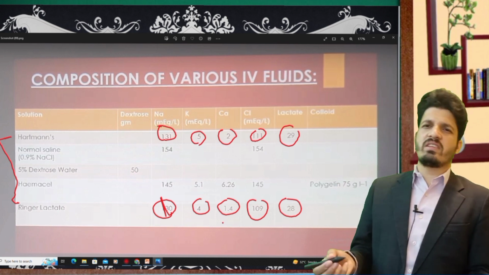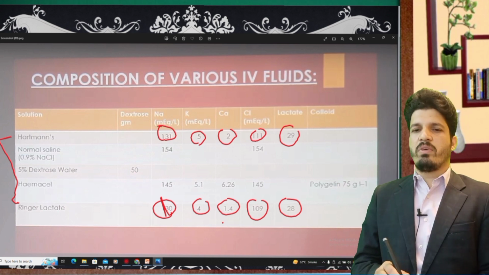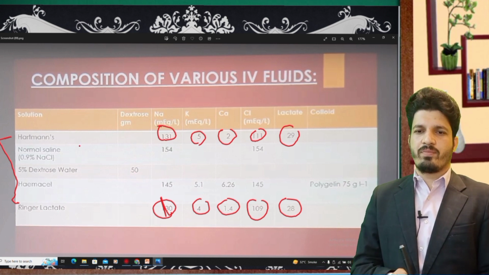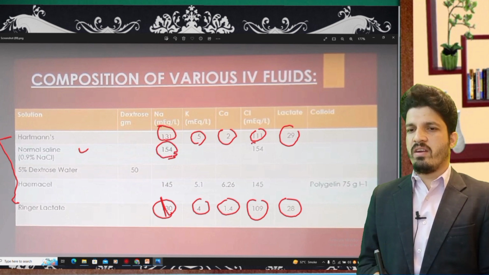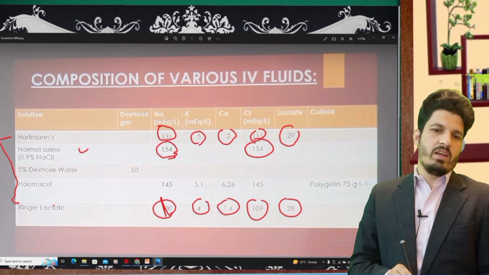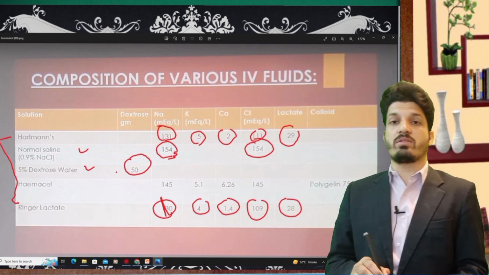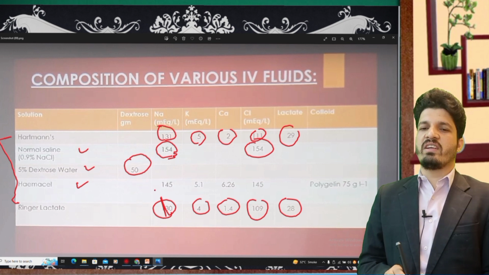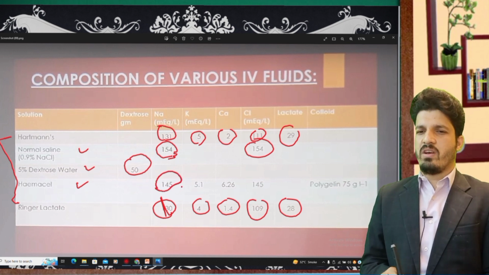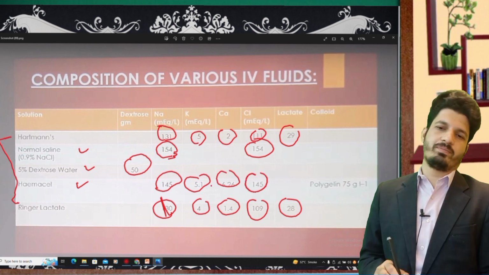So you can consider these fluids as the same fluid because there is very slight difference in their composition, but in the normal saline you will find only 2 things, 154 sodium and 154 chloride, and 5% dextrose will contain only 50 gram of the dextrose in 1 liter, and Hemaxil will contain 145 sodium, 5.1 potassium, 6.26 calcium, and 145 chloride.